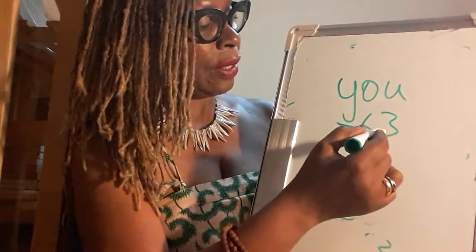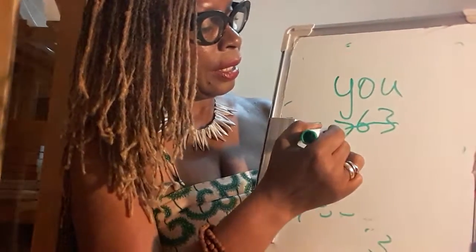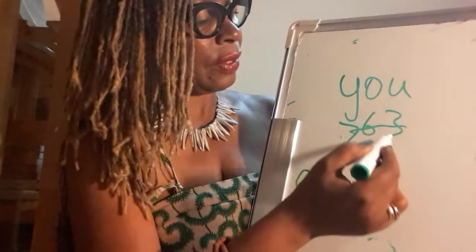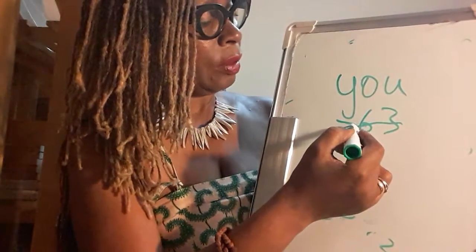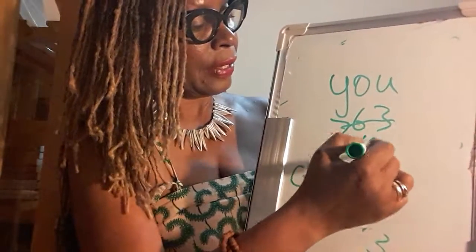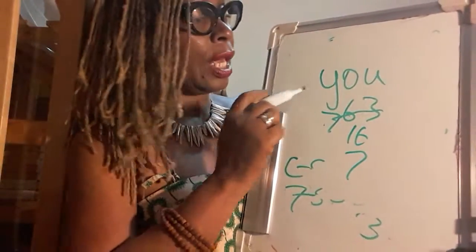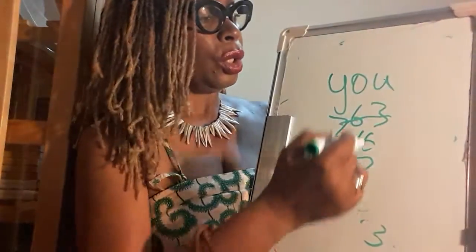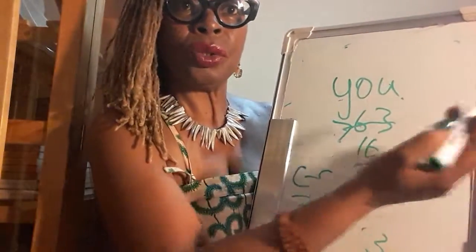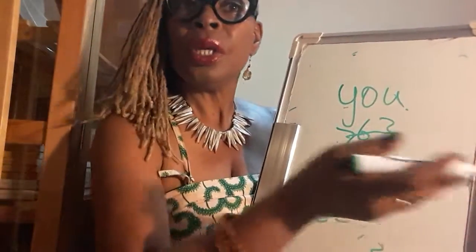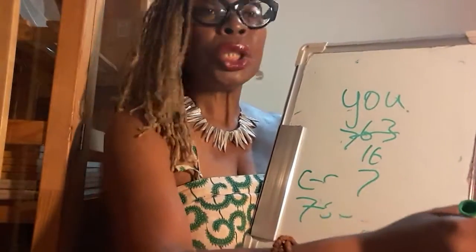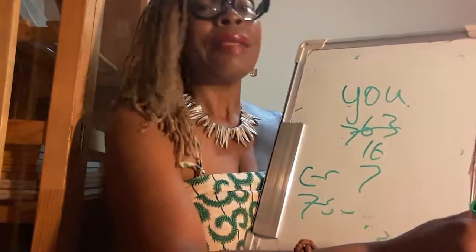Adding this together gives us 9. This gives us 16, 9, 10, 16, yes. So this is 7. If we have double U, W, 2 U's, that's why the word two exists.